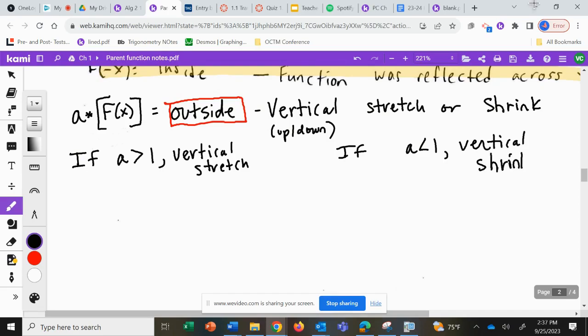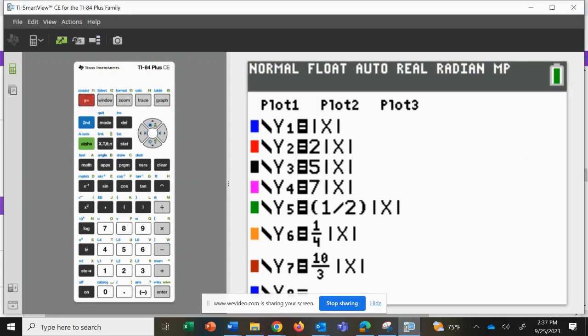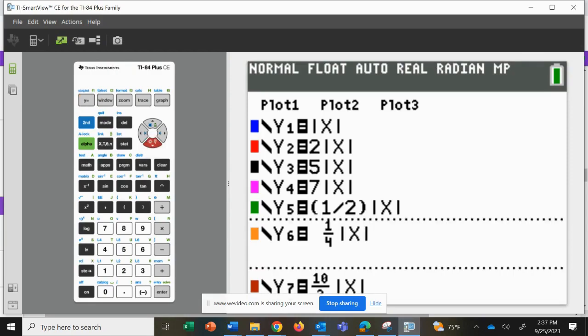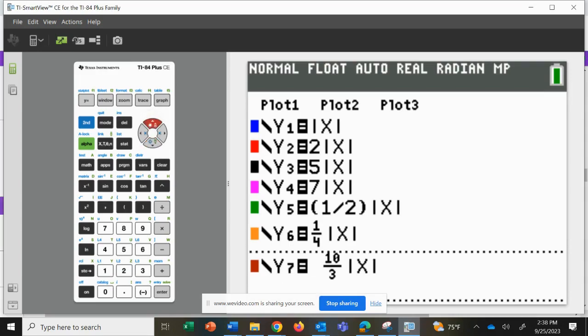You're partially correct. Some numbers less than 1 will be a vertical shrink because we had 1/4 and we had 1/2. But do you remember when I made it negative? When I made it -2 or anything.